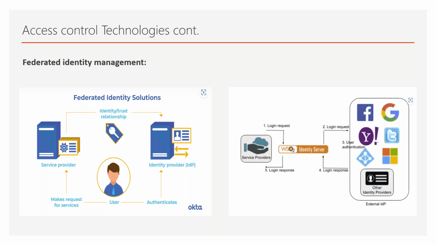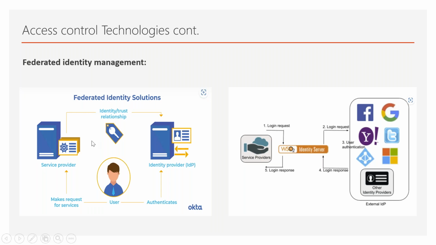In my example of booking.com, when I access its services I have the option to log in with Facebook or log in with Google. If I get authenticated with Google, Google is the identity provider, and booking.com is the service provider.